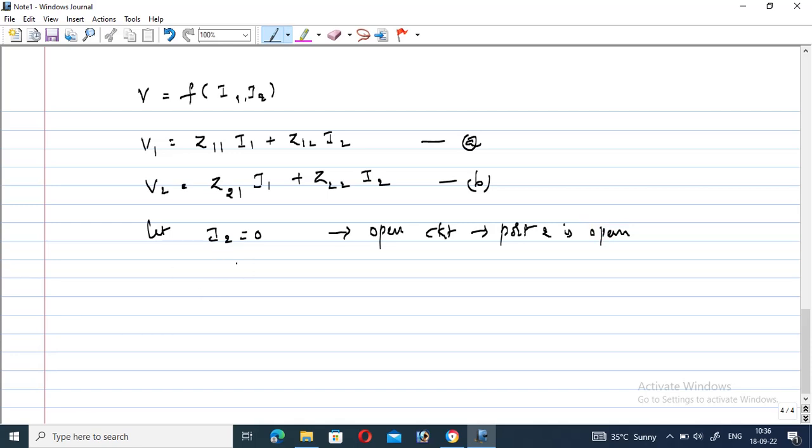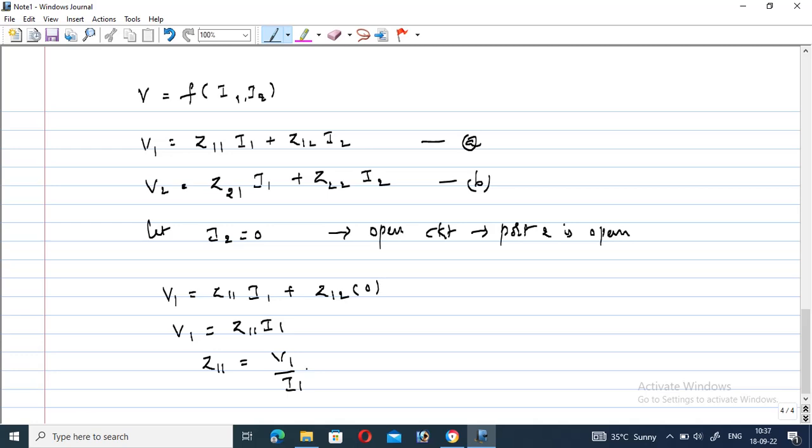So when I2 is equal to 0, what happens in equation 1? V1 is equal to Z11 I1 plus Z12 I2, and I2 is equal to 0, so this term is equal to 0. So V1 is equal to Z11 I1, and from this, Z11 is equal to V1 by I1. We know that generally V by I is resistance, so here Z11 is nothing but impedance.